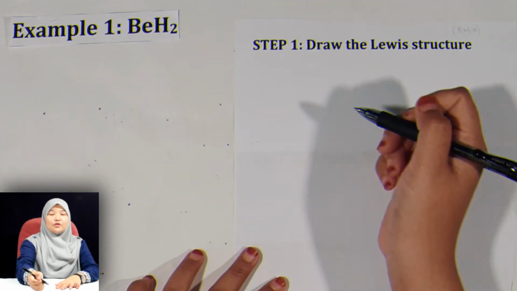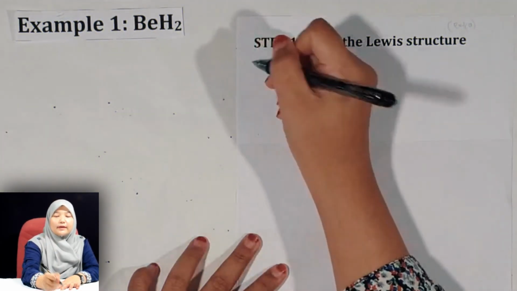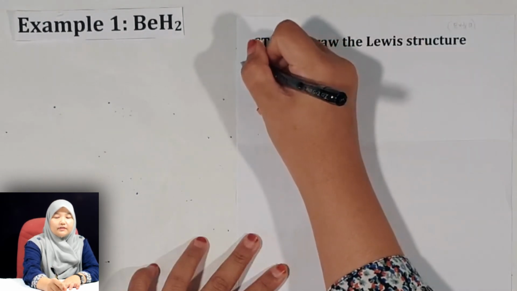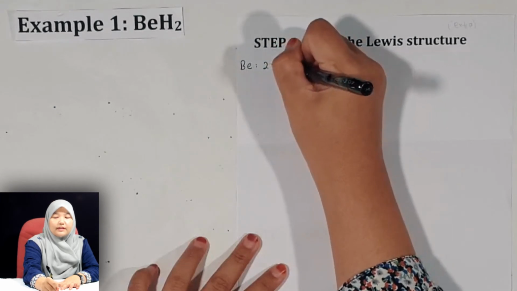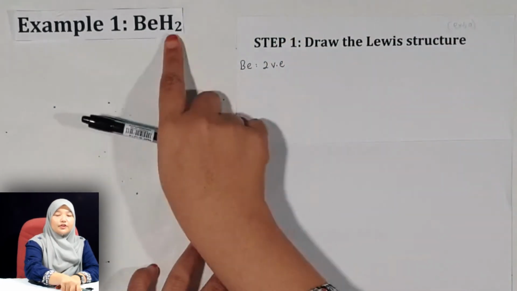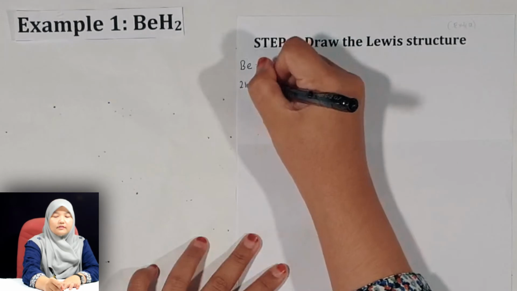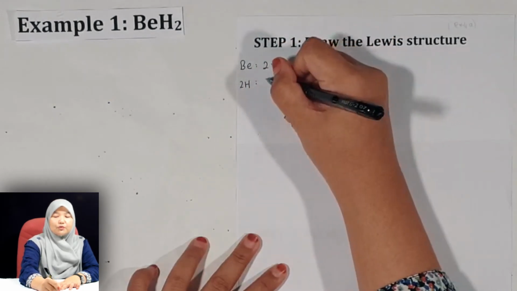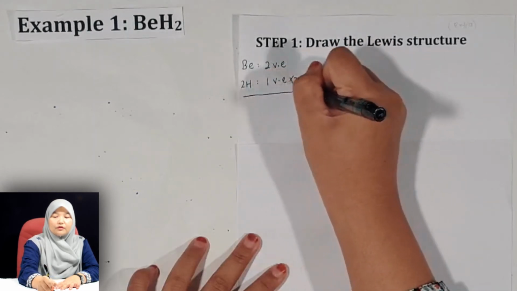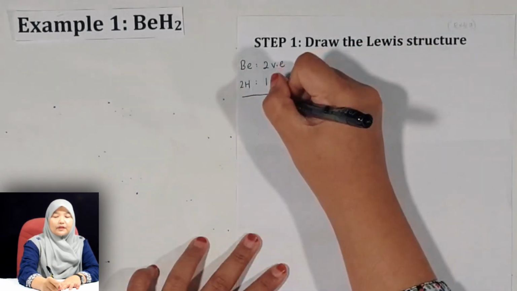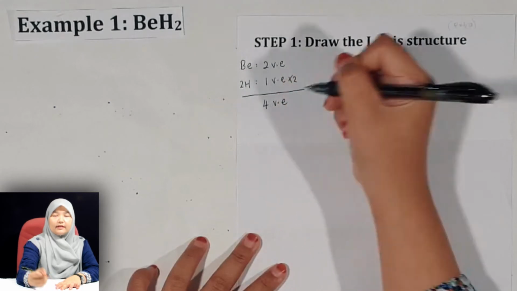Okay, so kita tengok untuk BeH2, steps untuk lukis Lewis structure. Okay, untuk Be ada 2 valence elektron. So, kita ada 2 hidrogen. So, setiap hidrogen mempunyai 1 valence elektron. So, darab 2. Total akan jadi 4 valence elektron.